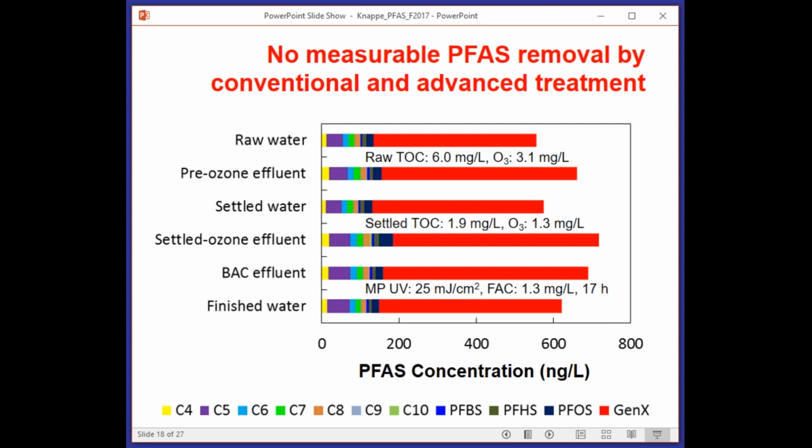So this essentially illustrates that fairly harsh treatment conditions have no impact on this Gen X compound, which was thought perhaps to be somewhat more labile than the traditionally studied compounds. Next slide.